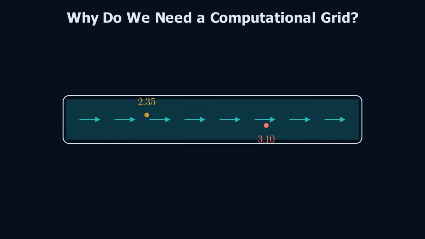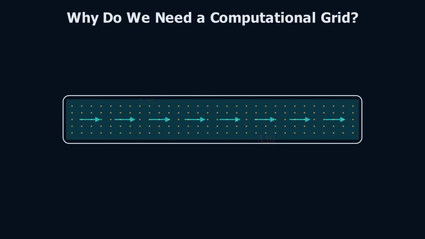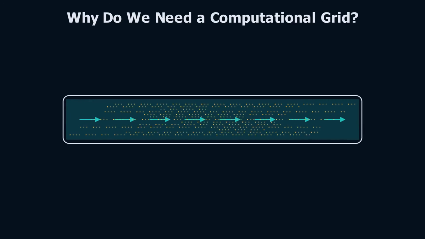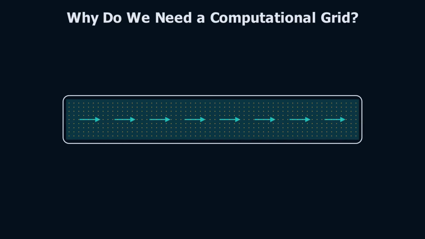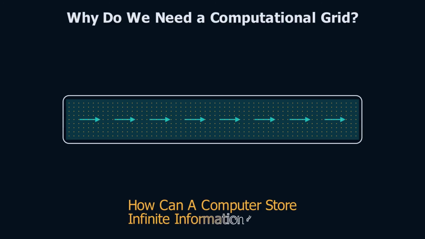In fact, every tiny location inside the pipe has its own value. Zoom in further, and you find even more locations. A real fluid contains essentially an infinite number of points. So how can a computer possibly solve a problem with infinitely many locations?